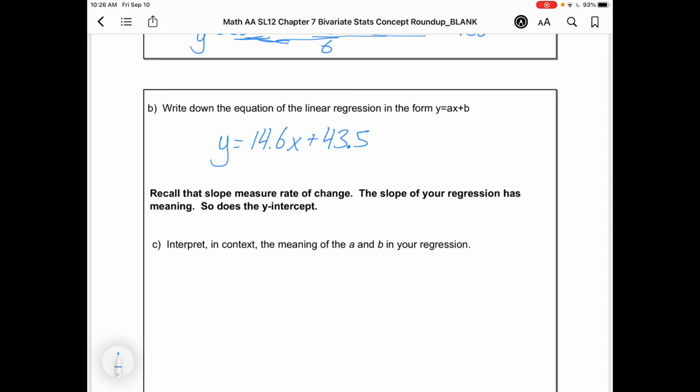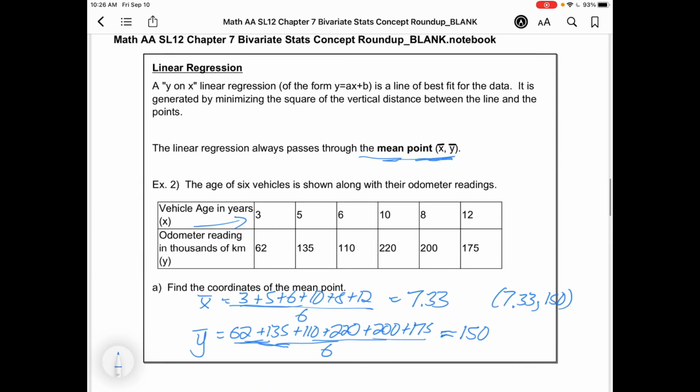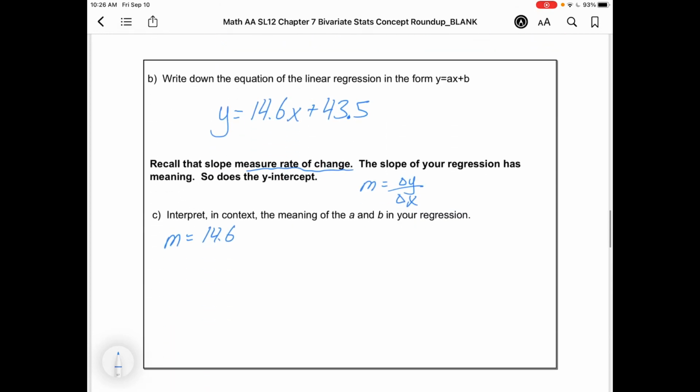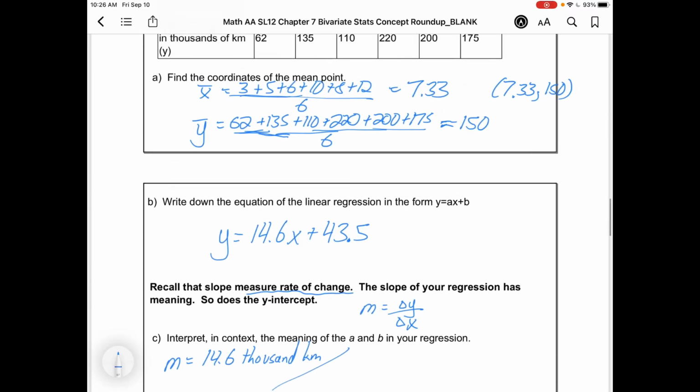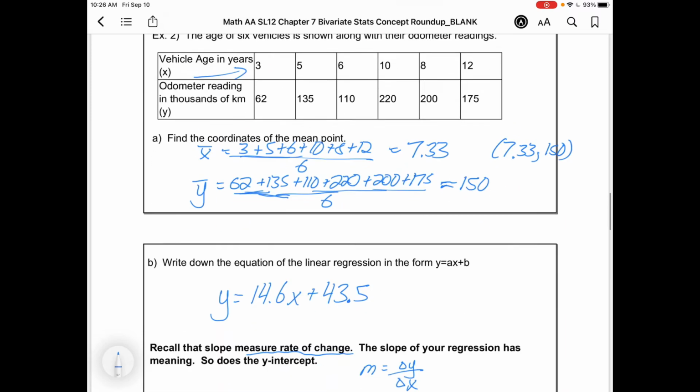Now, slope measures rate of change. Slope is change in y over change in x. So in this context, we know that slope is 14.6, or we might call it gradient. Now, what is this measured in? The y's on our graph were 1,000 kilometers, so 14.6 thousand kilometers per, what were the x's? The x's were years.